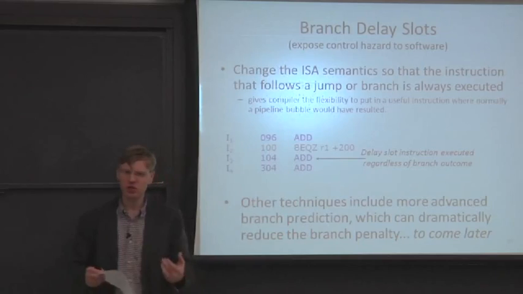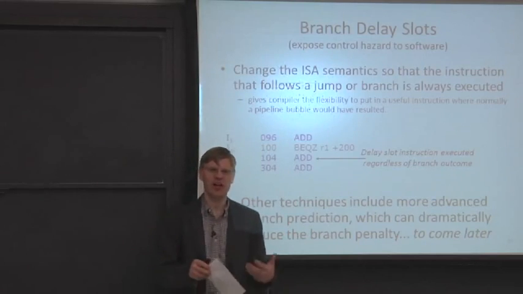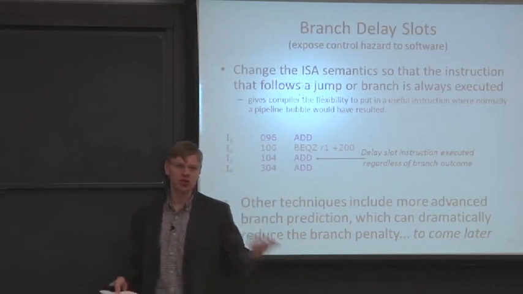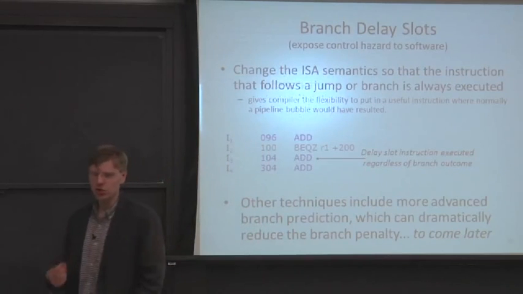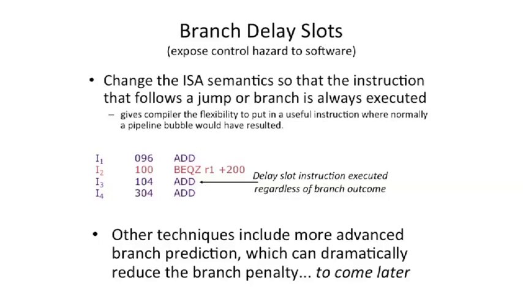Instead, you can expose this challenge of the time it takes to resolve a branch to the software. So what we're going to do is define a branch delay slot. A branch delay slot is an architectural, and when I say architectural, I mean big A architectural or instruction set architectural, change, which allows or forces some number of instructions after a branch to always execute.